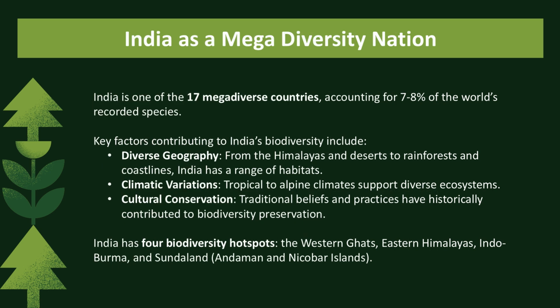India's status as one of the world's 17 megadiverse countries is no accident. This distinction comes from housing an extraordinary 7 to 8% of all recorded species globally. This richness stems from India's diverse geography, from the towering Himalayas to tropical coastlines, varied climatic conditions, and long-standing cultural practices that have historically protected nature.